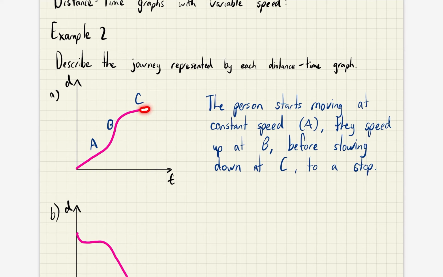The reason why I'm saying it's to a stop is because it gets to this point and it's basically flat. So they must stop somewhere. I'm not saying it's a stop because the curve finishes, because the curve could keep on going, but it's because it's flattened out.